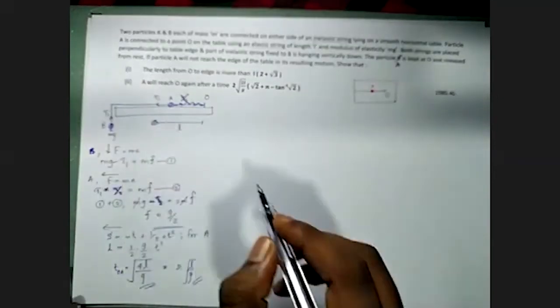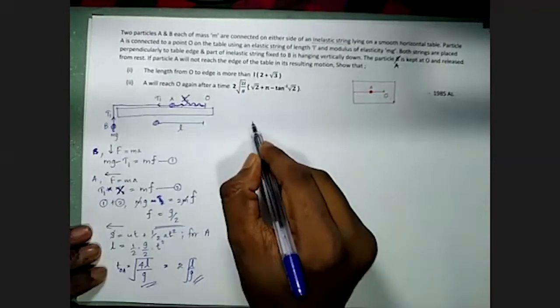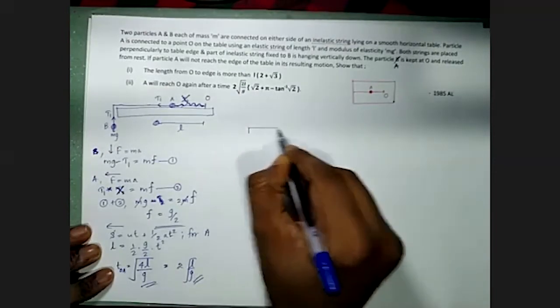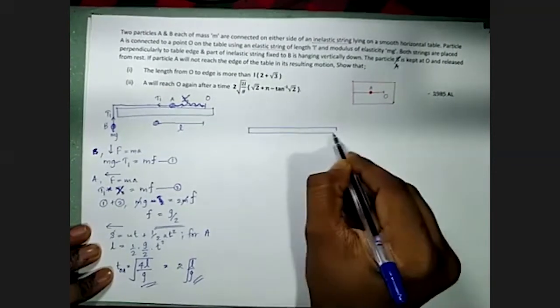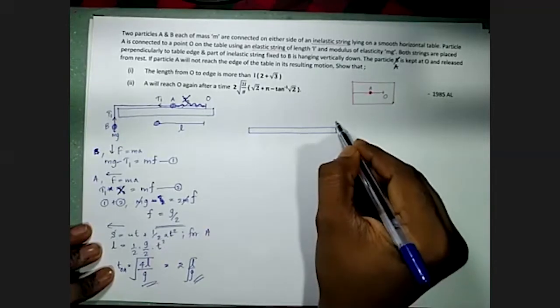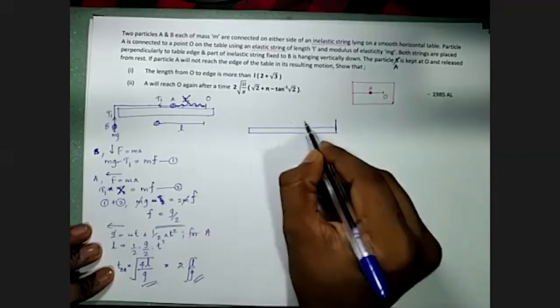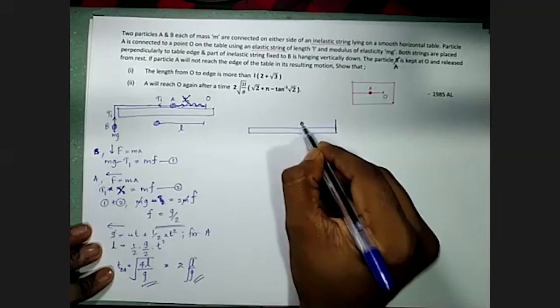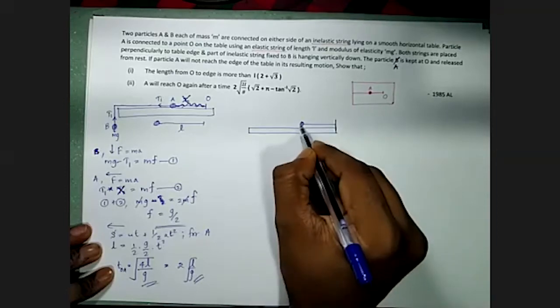Now we have to consider the velocity of the particle. I'm going to draw it again. Now the particle A is going to start its simple harmonic motion. That's why I'm going to draw another diagram.